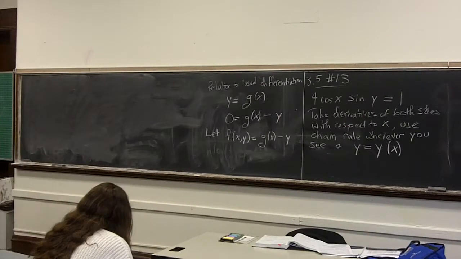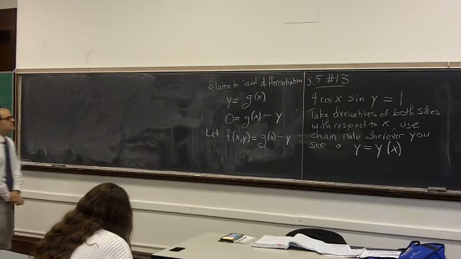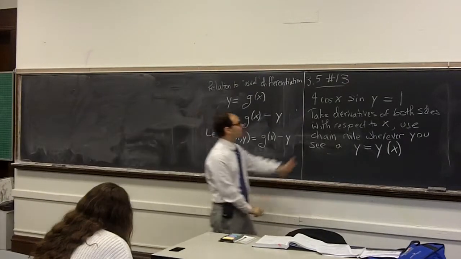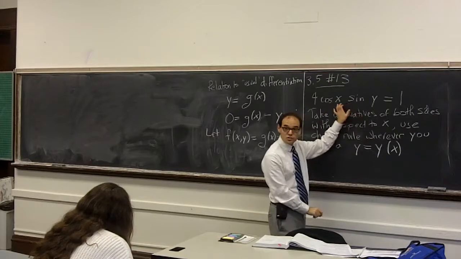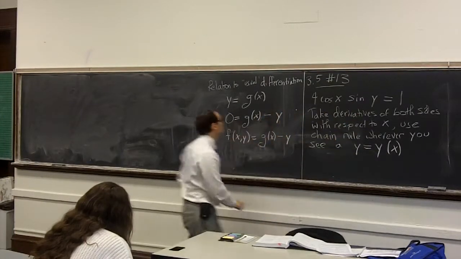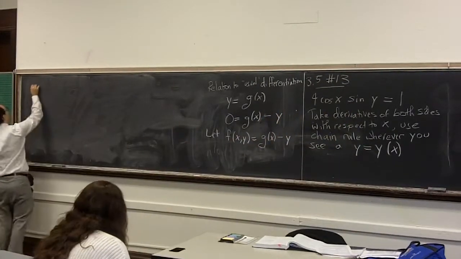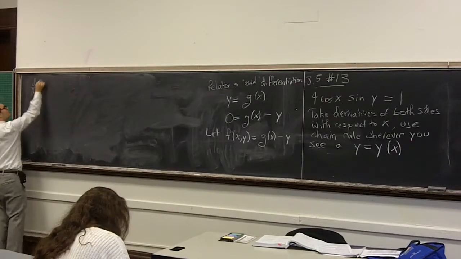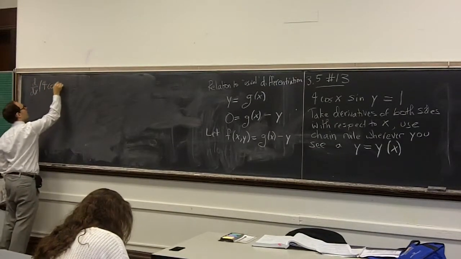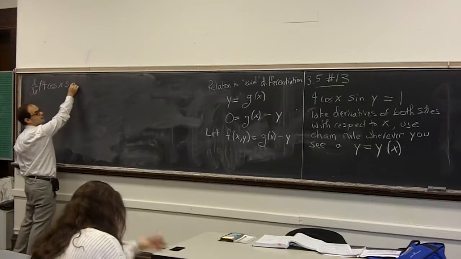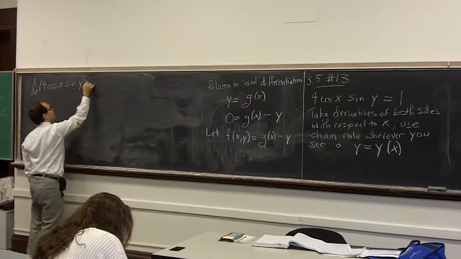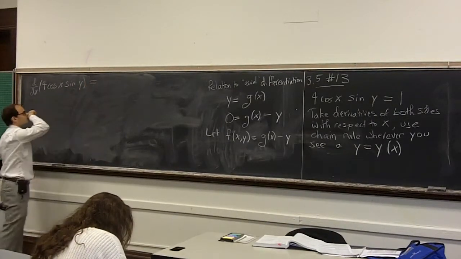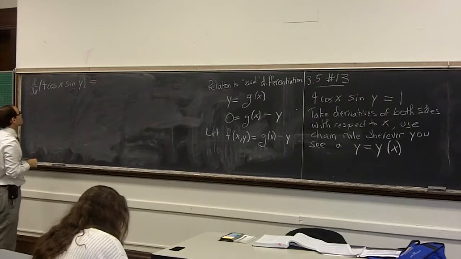So we're going to take the derivative of the left side first. And let's see here. I have a product of two functions, so I should use the product rule, I think. So we take the derivative of this side, and I'm going to use the product rule here. Okay, so what does the product rule say?